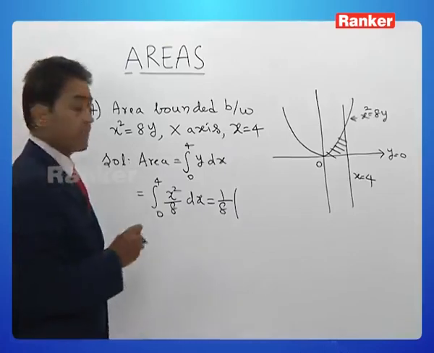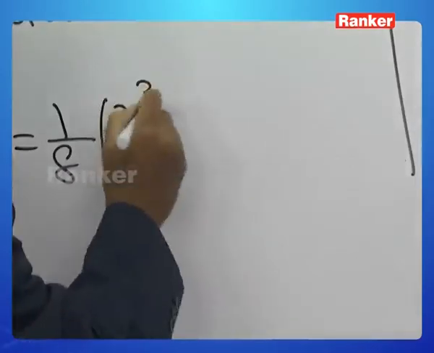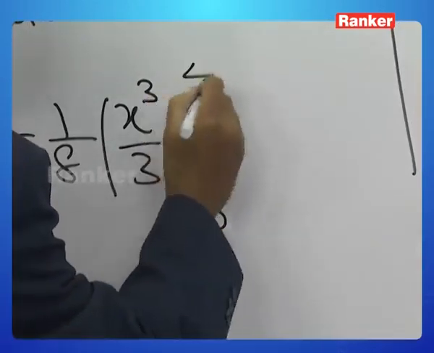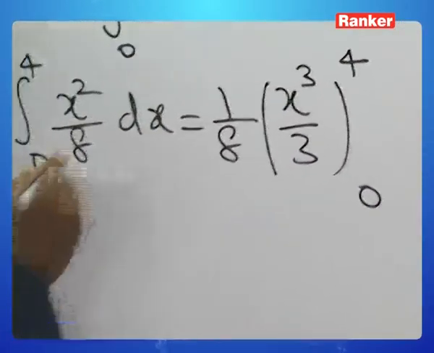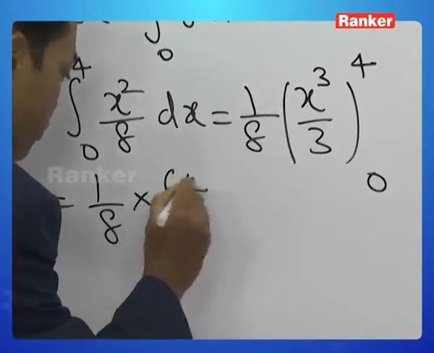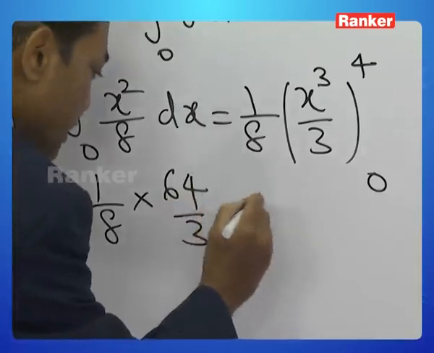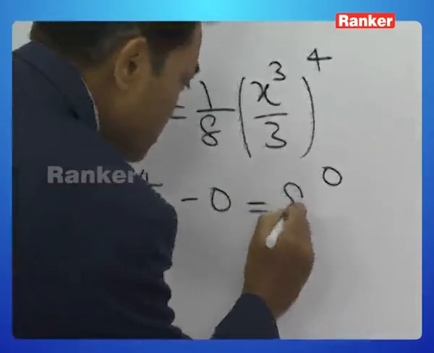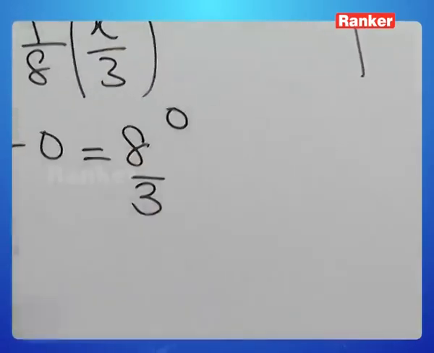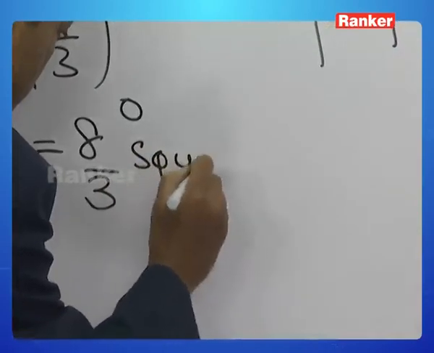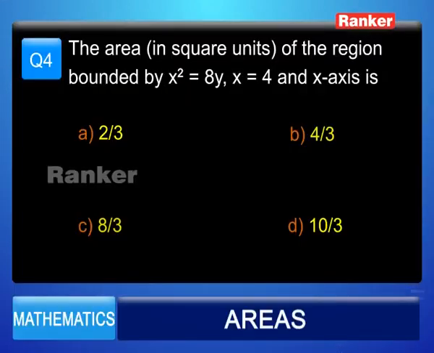X cube by 3. Apply the limits. If you put 4 cube, that is 64 by 3 minus 0. So, 8 8s are 64. So, final answer is 8 by 3 square units. So, what is right option? Answer is C.